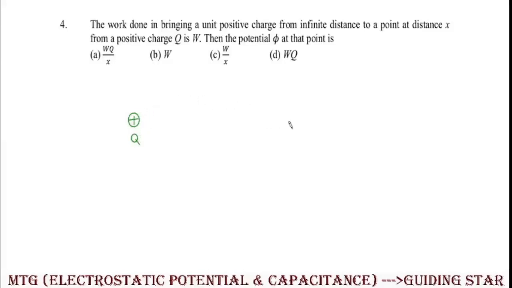Clear? And we'll bring a unit positive charge which is present at infinity to a distance x from the positive charge q. That means there's a location P, and that location is at a distance x from the given positive charge, and we'll bring this unit positive charge from infinity to the given point P.